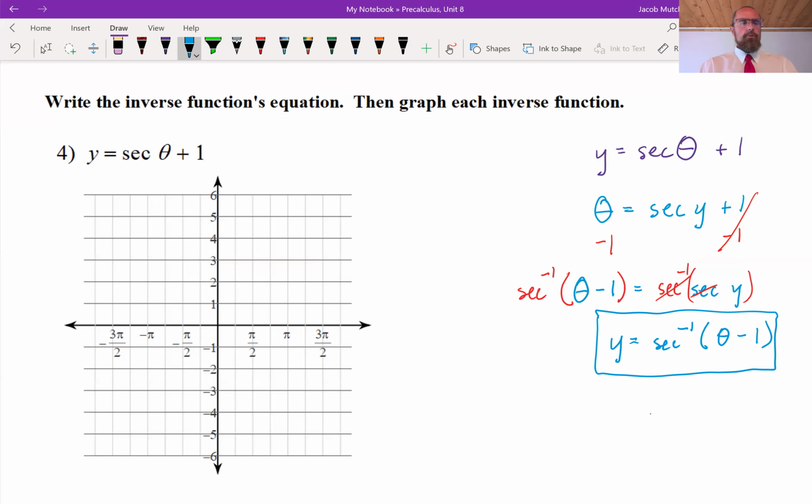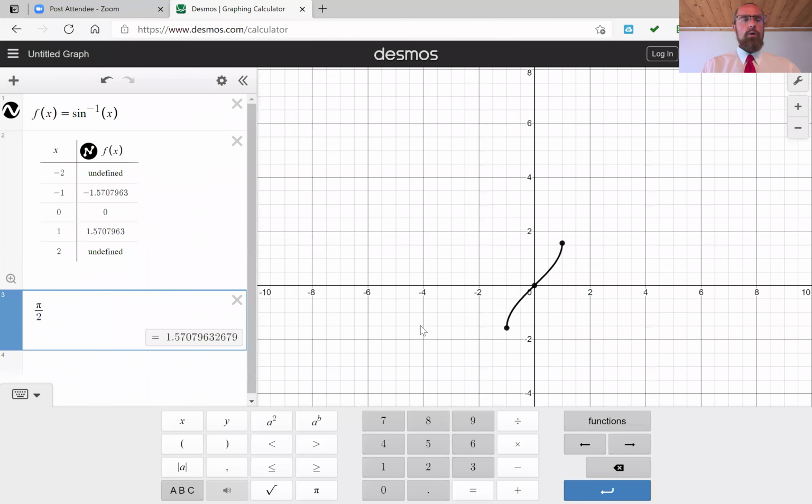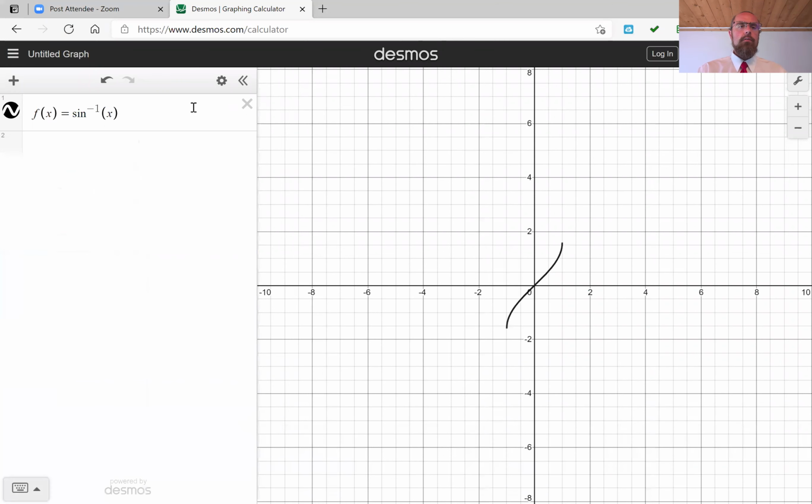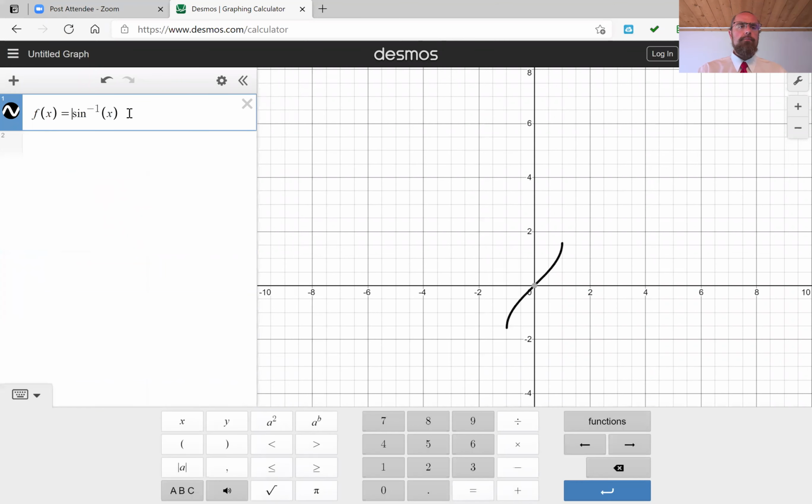Just like we did with inverse sine, I want to take this to Desmos to graph. And like we did for sine, we definitely want to ask ourselves why the inverse graph looks as it does. So let's clear out the function that we typed in for the first inverse.